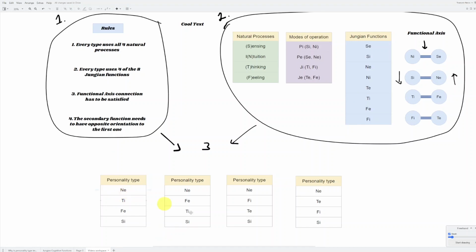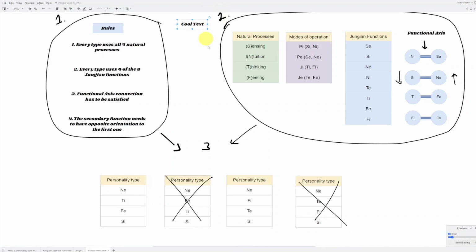So here in this example, the first function has extroverted orientation, meaning that the second one has to have an introverted one, which means that this one and this one are not correct, and which leaves us with those 2 options that are left here, and they are in fact indeed correct. So those 2 are actual types.